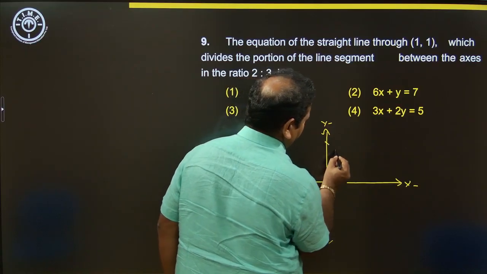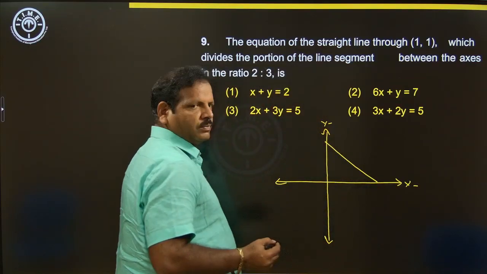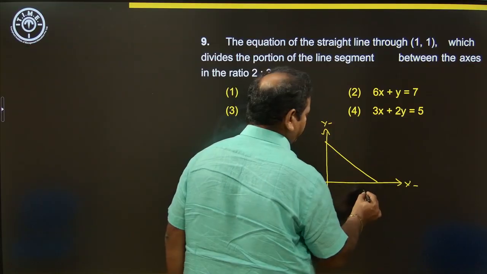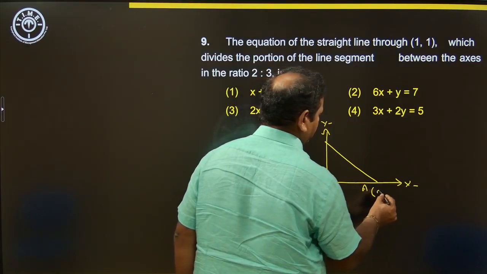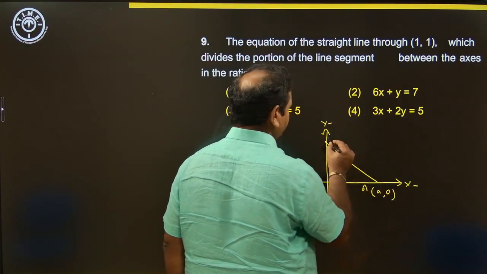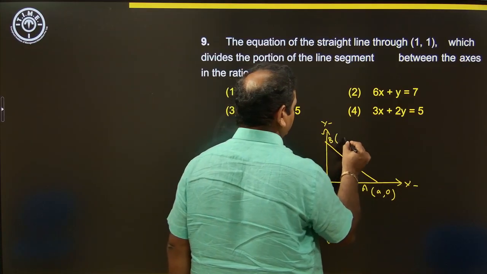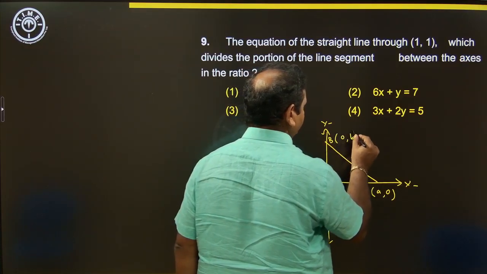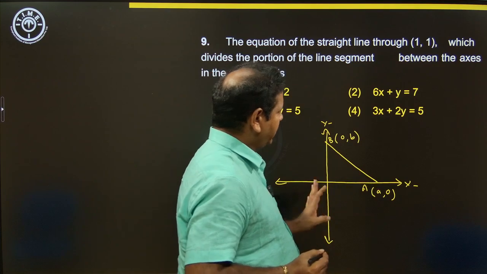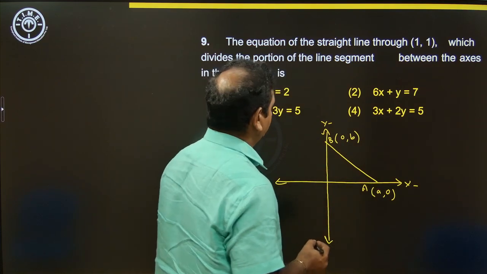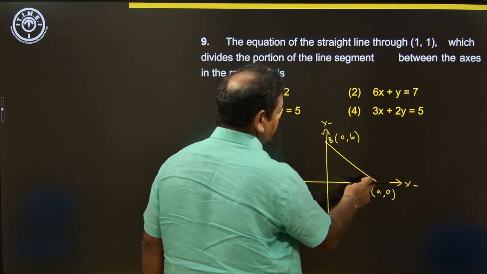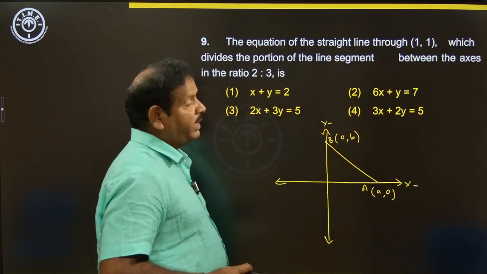I'm taking this as a ratio. So suppose we take this point as A comma 0 and this as 0 comma B, because A lies on the x-axis and B lies on the y-axis. This portion AB is divided.